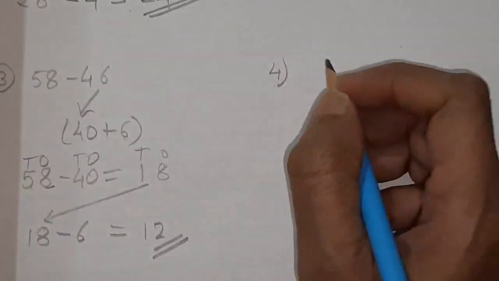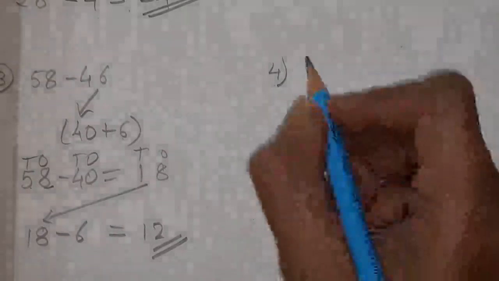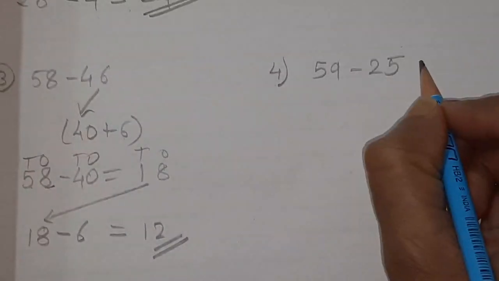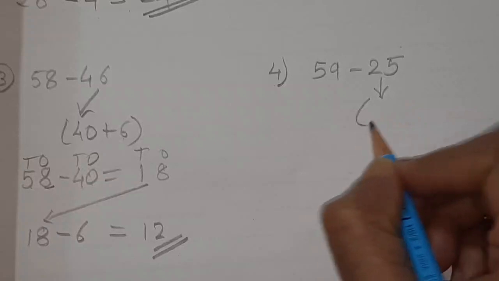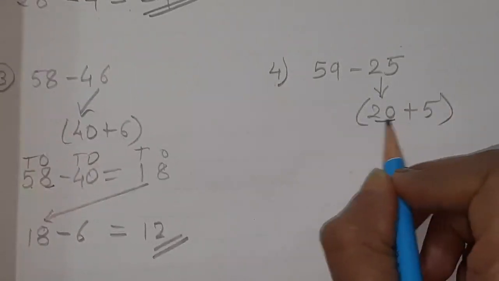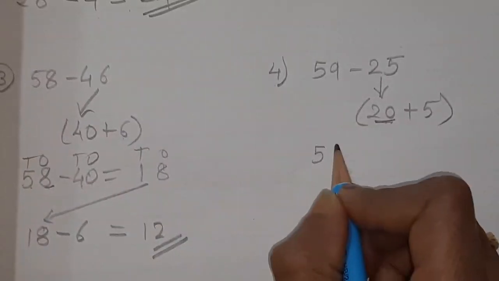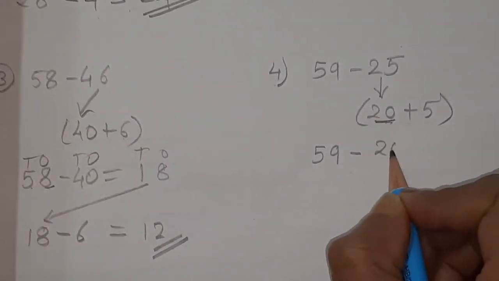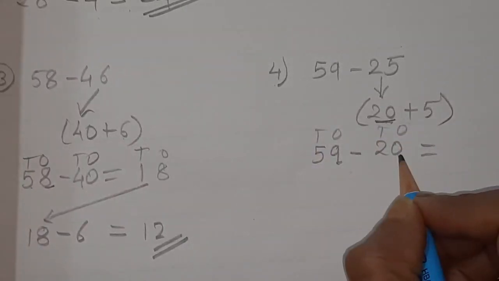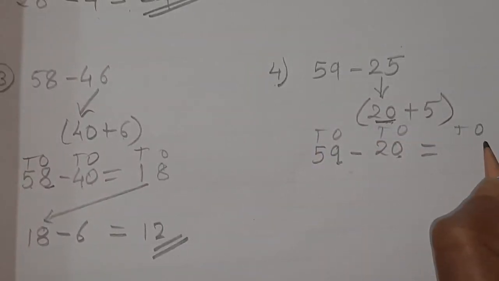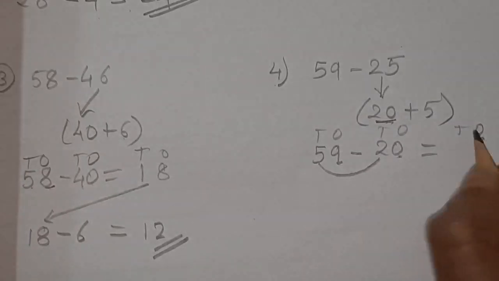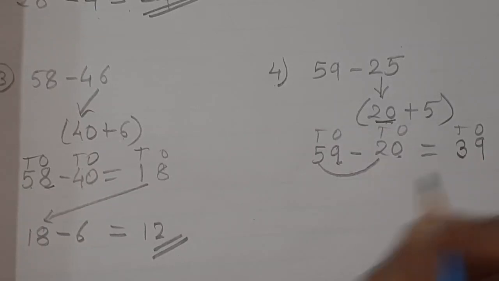We'll see number 4 sum, that is 59 minus 25. Split this 25. 20 plus 5. Cut 20 number from 59. 59 minus 20. Write tens ones. 9, 0. So your answer here, ones column is 9. Now open 5 fingers, cut 2, you'll get 3 as the answer.